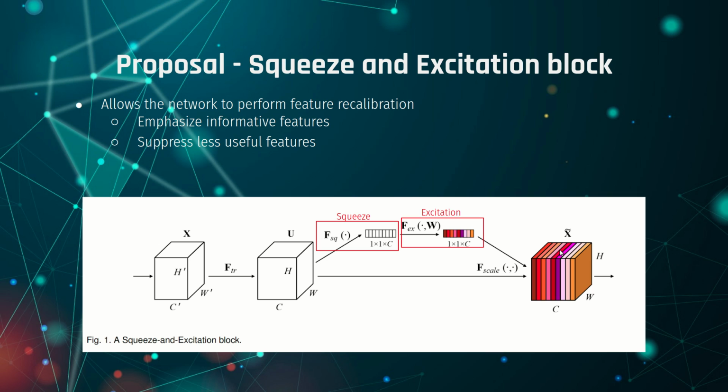We can assume the red color means the more important channels, and the light red is the less important. This gives you the intuition that after these two operations, which we call the SE block, the feature map will focus attention based on channel information. That is exactly what this paper is trying to produce.